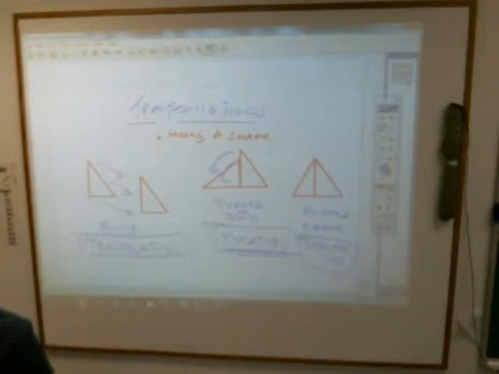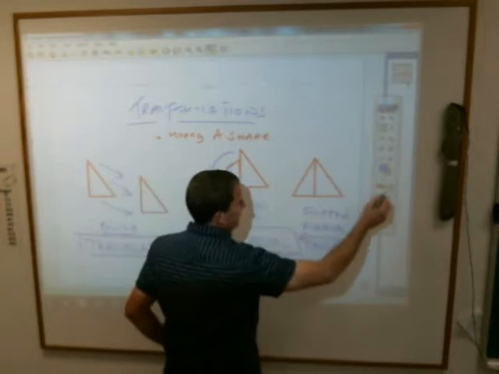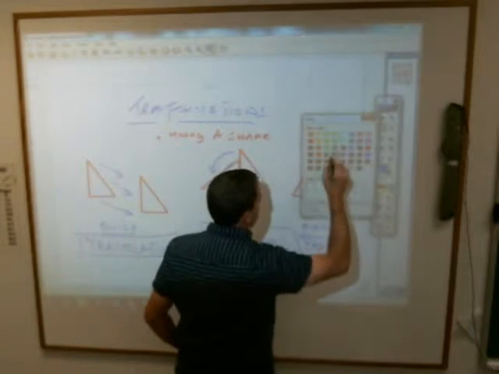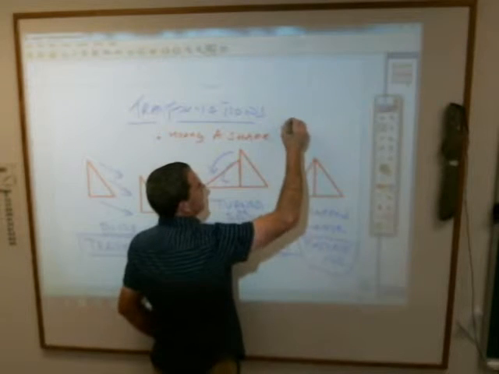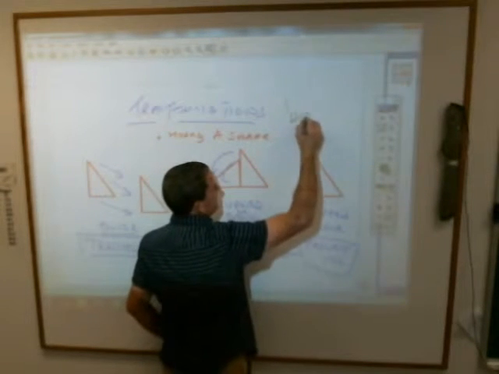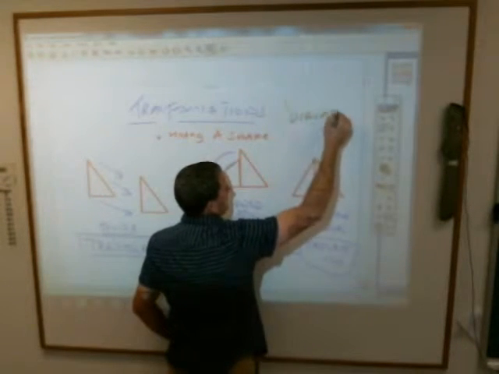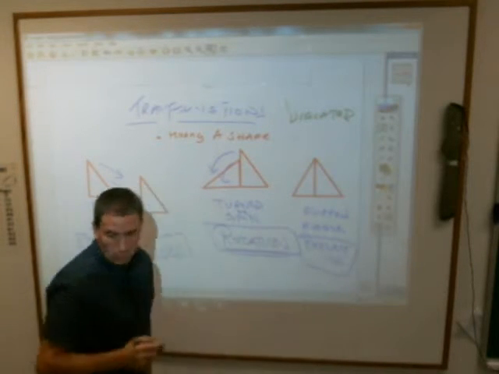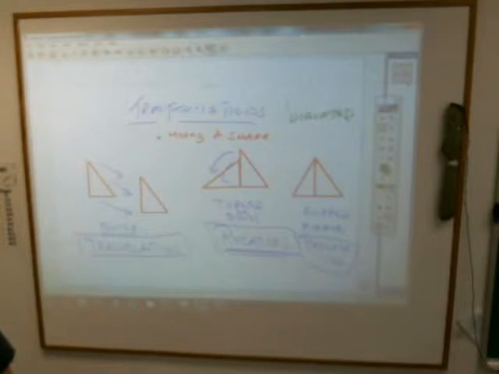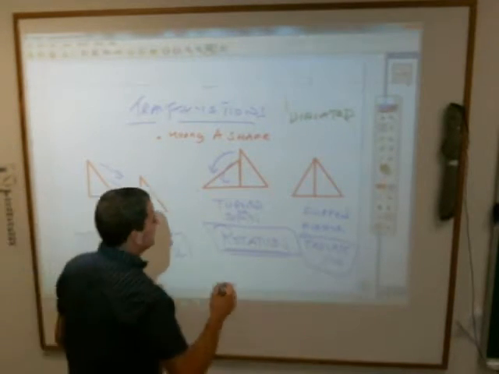Now, in addition to that, we also have to throw two other words in there, and those are these. A dilation, something can either be dilated or it can be contracted.